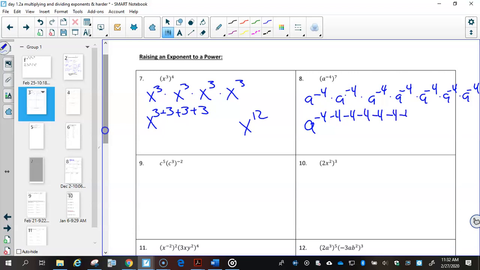What would that be? A to the negative 28 power. Can we leave that like that? No. So what would a to the negative 28 be? 1 over a to the 28 power. Correct.